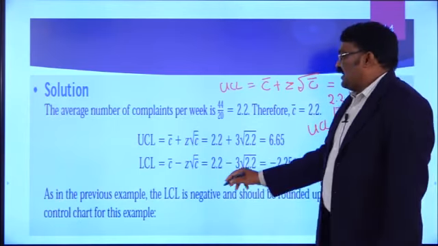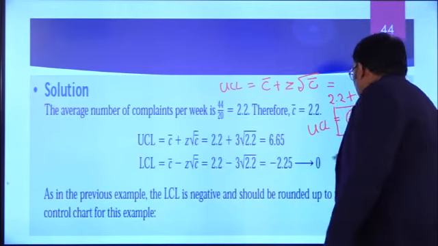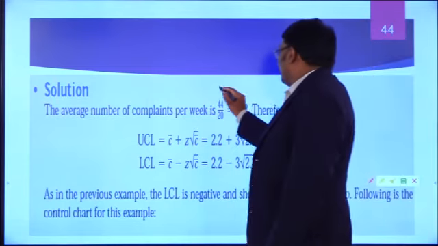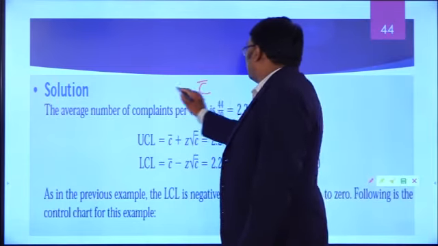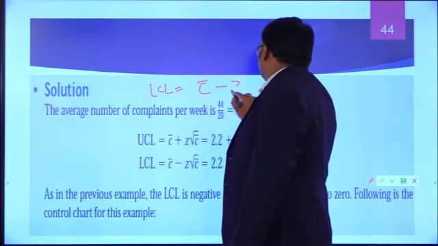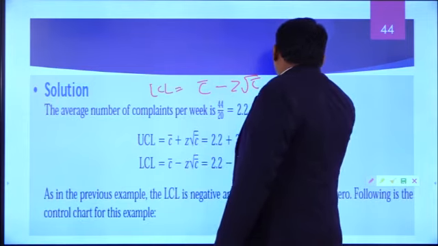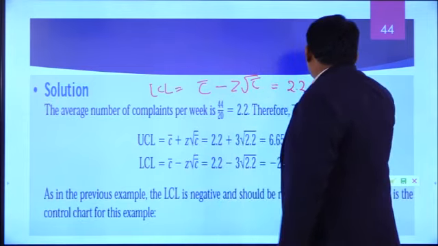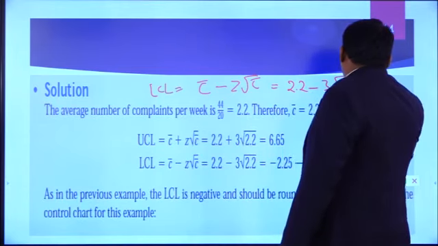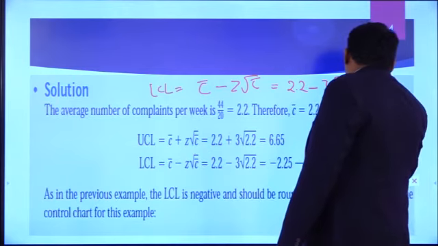Similarly, we calculate the LCL. The LCL formula is LCL equal to C bar minus Z root of C bar, which is 2.2 minus 3 root of 2.2, which is equal to minus 2.25.